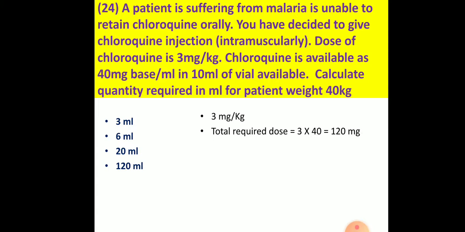So the total required dose is 3 multiplied by 40, which is equal to 120 mg. Now the availability is 40 milligram base per ml and we require 120 milligram. So we require 3 ml in total. So the answer is 3 ml.